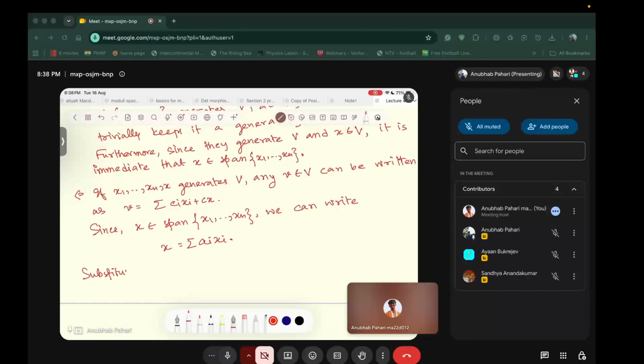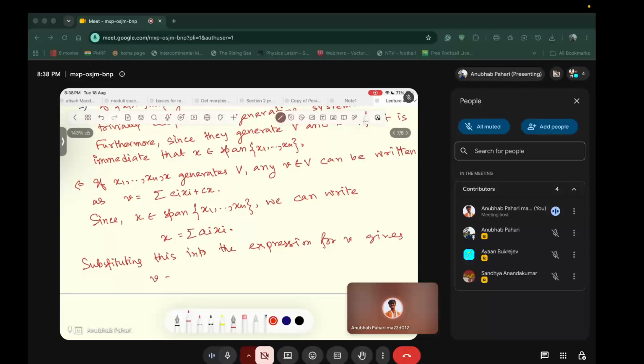Substituting this into the expression for v gives v equals summation ci xi plus c times summation ai xi, which equals summation of (ci plus c ai) xi.